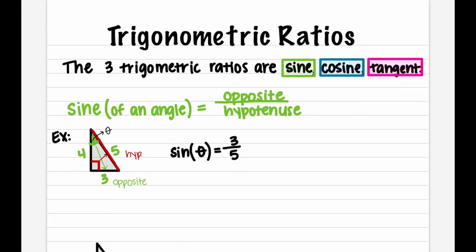There is a shortcut to remember that if you want to set up the sine, that's the opposite over the hypotenuse. So to abbreviate this even further, just to make it a little easier to remember, sine is equal to the opposite over the hypotenuse.